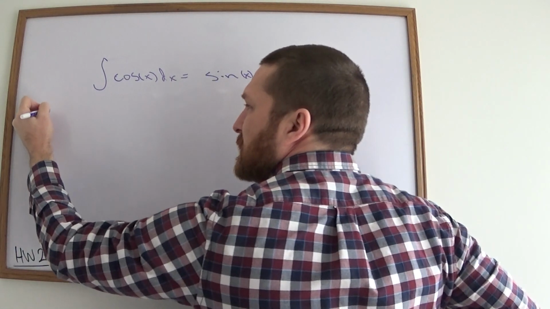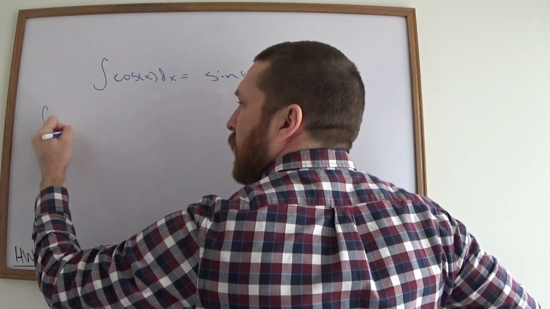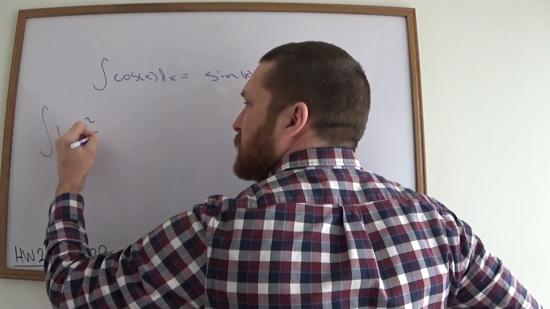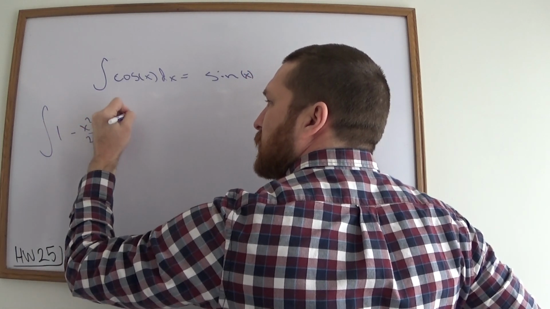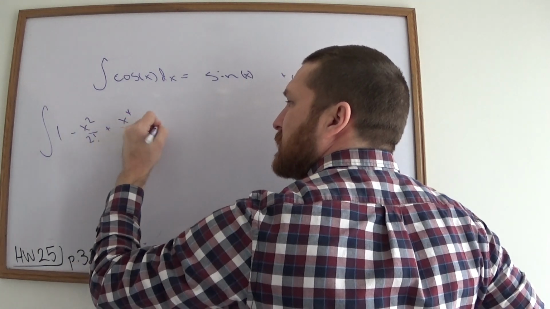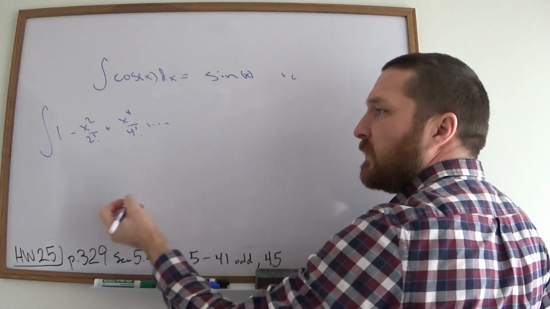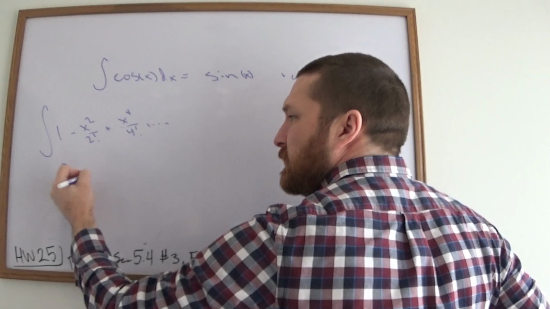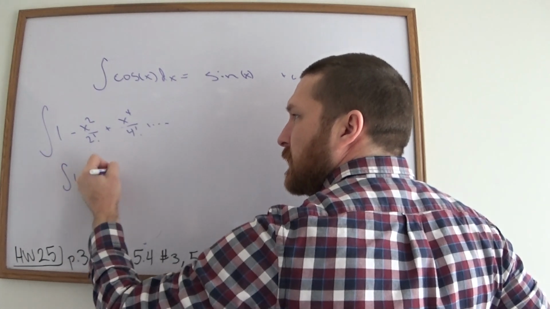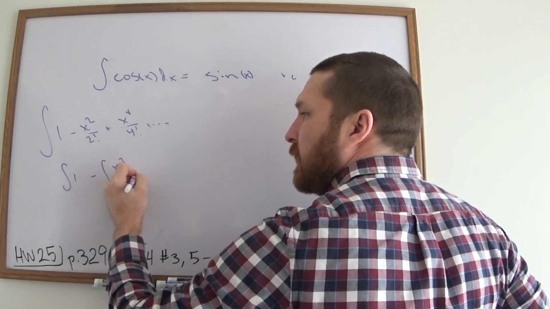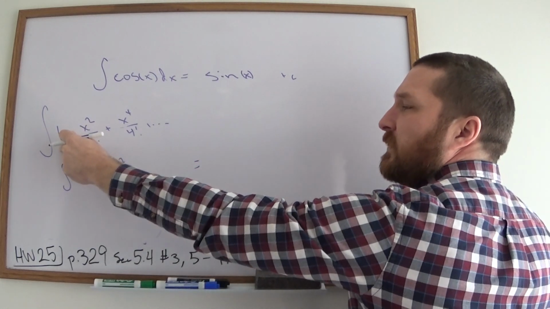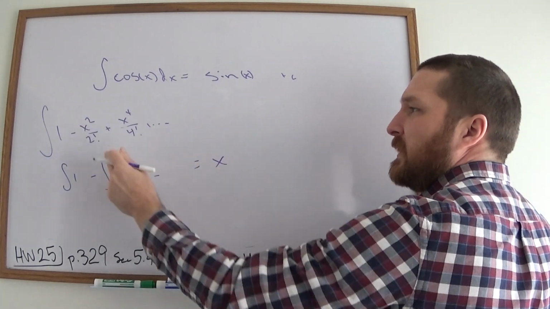Now let's just check this out. Integrate 1 minus x squared over 2 factorial plus x to the 4th over 4 factorial and so on. Do each one of these individually because this turns out to be uniformly convergent. We get, let's see, the antiderivative of 1 is x.